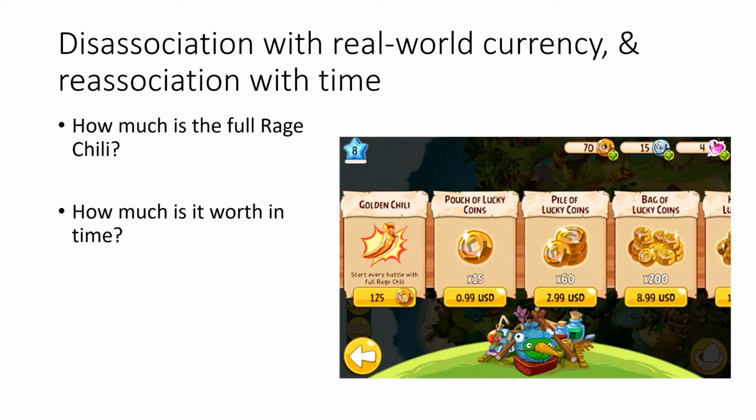Now, this does happen again in non-free-to-play games as well, and you kind of want to do it in non-free-to-play games to stop players worrying about their time. So it's how much is it worth in time? This is the important bit. So you want players to try and find ways to maximize their engagement. You want them to be playing the game, but you don't want them to be worrying about how much it's worth in time.